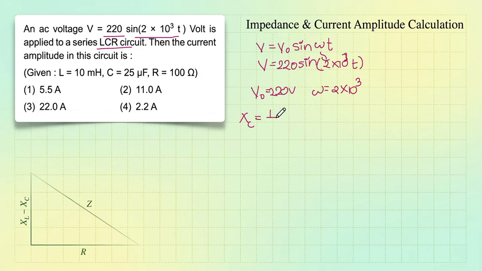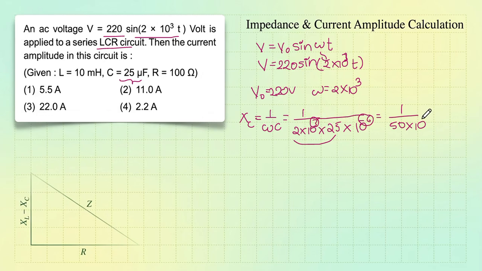So XC is nothing but 1 upon omega C. So 1 upon omega, which is 2 into 10 raised to 3 into C. The value of C is given 25 microfarad. So 25 micro means 10 to the power minus 6. So 1 upon 2 into 25, which is 50, into 10 to the power 3 and here minus 6.